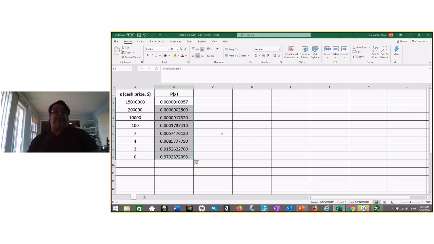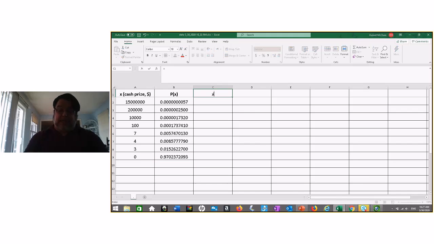Okay, y'all with me? So this is going to be called x times p of x. And you're going to multiply each one of those. So equals this one times this one.